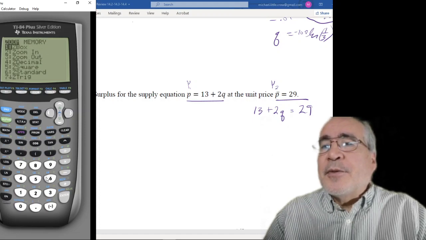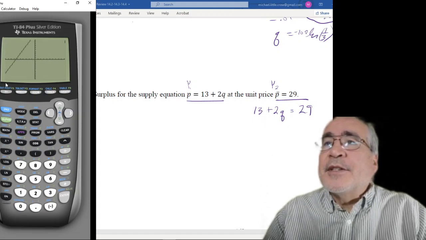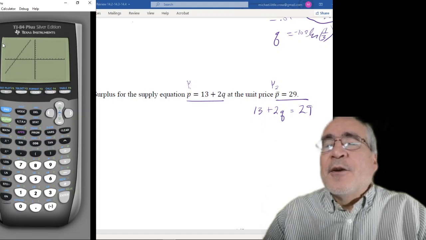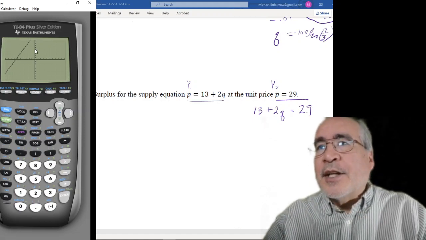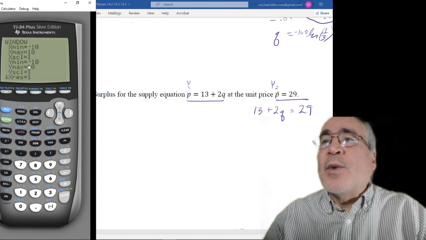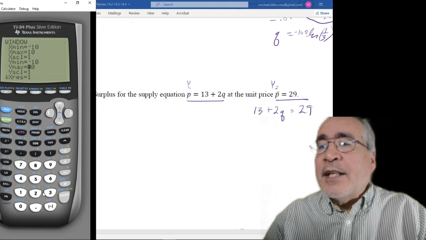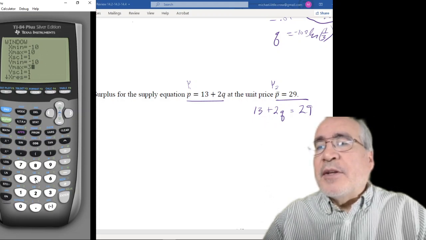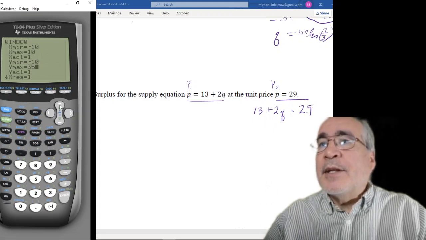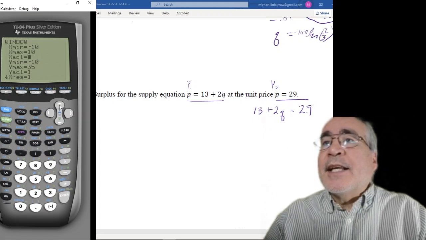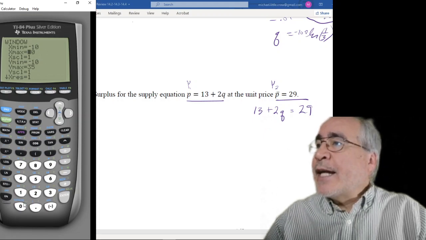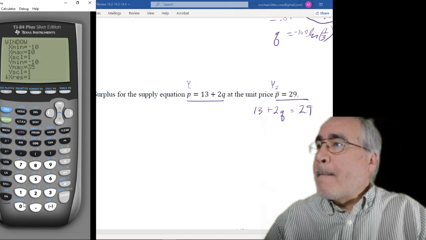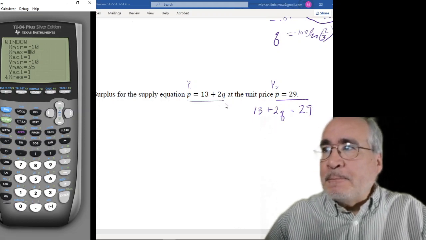So let's just go with the zoom standard and see if that helps. So here's this function. Okay, y equals 29 is going to be a horizontal line at 29. That's a y value, so let's make our y max 35. I'd like to be a little bit above it. And our x max, remember, is the number of units, the supply.